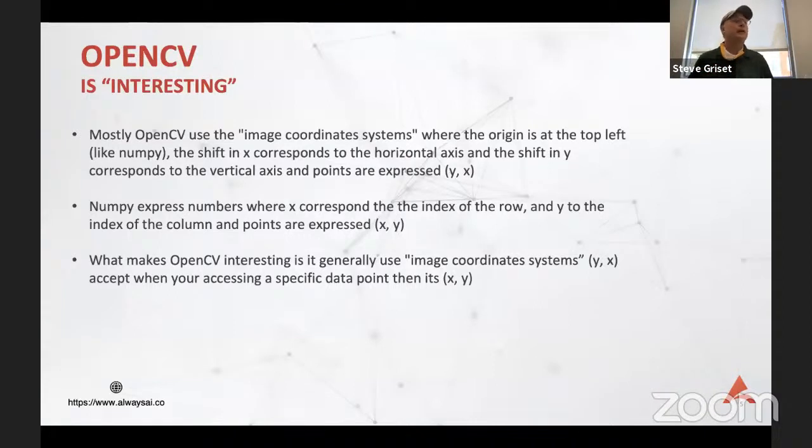Today we're going to draw some circles, so it's going to ask you for coordinates in XY because it's going for a specific point to find the center of the circle. You'll see that when drawing rectangles too, it'll ask you for coordinates in the XY system. So that's the interesting thing about OpenCV: it's mostly an image coordinate system, but sometimes when you're accessing specific points, it goes to an XY coordinate system.